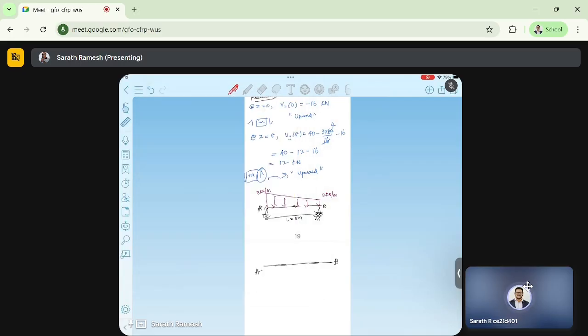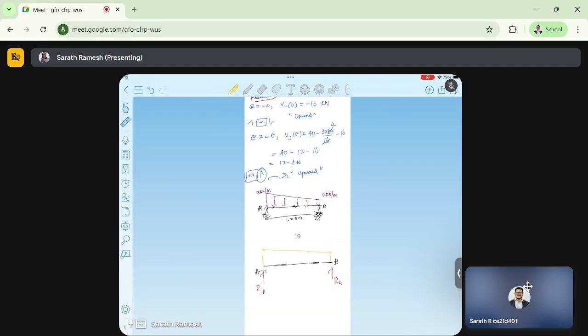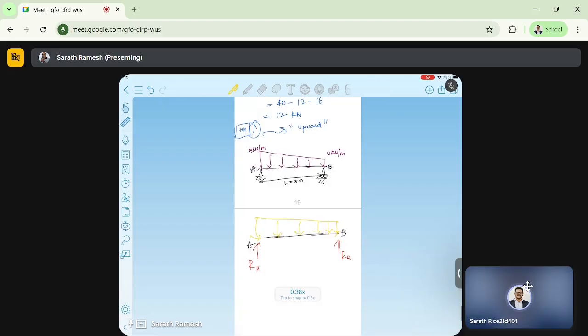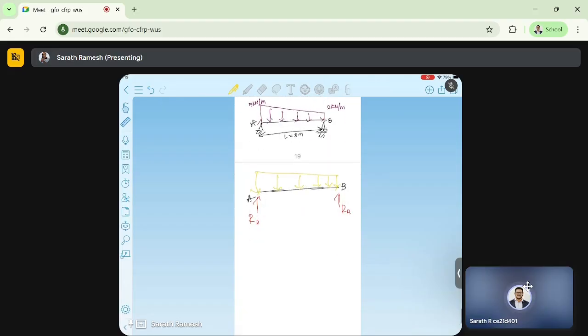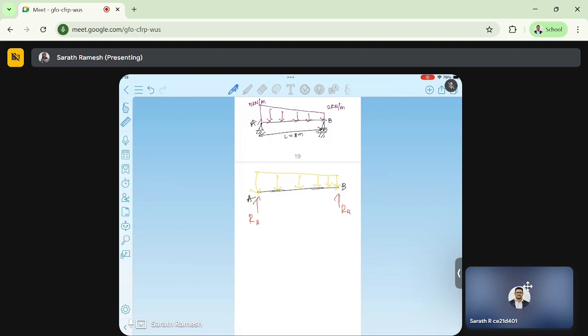What are those reactions? There is a reaction RA, there is a reaction RB, and there is some loading. The loading is UVL. This is another method I'm writing instead of going for the differential equations. For finding support reactions, I'm just going to use the free body directly. So summation of Fy equal to 0 implies what?